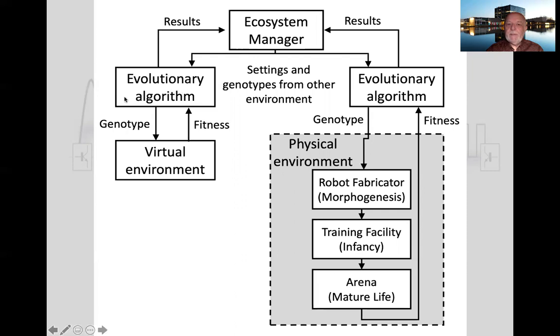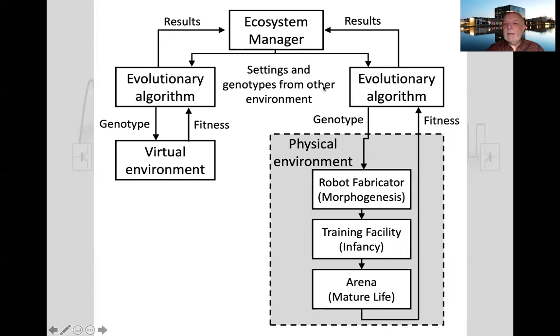We get an evolutionary algorithm, we get a member of a population which has a genotype, which goes down to this virtual environment. A robot is created in the virtual environment, it performs some tasks, it gets a fitness function, and we go around the evolutionary loop. And at some point, the genomes of good ones will be passed back to the ecosystem manager.